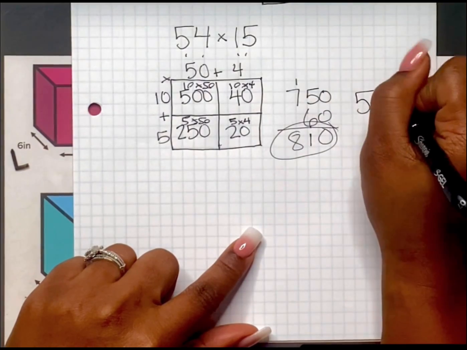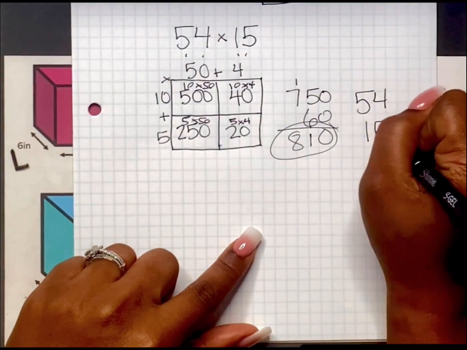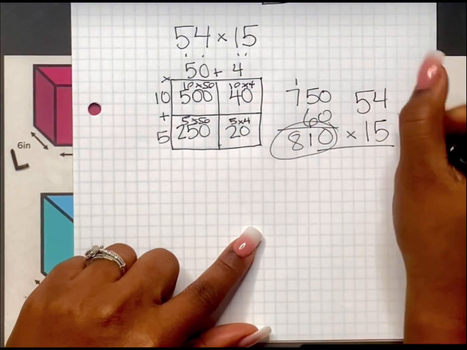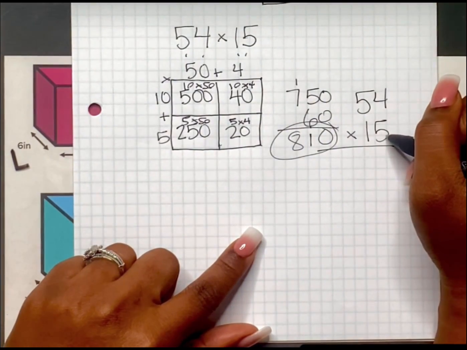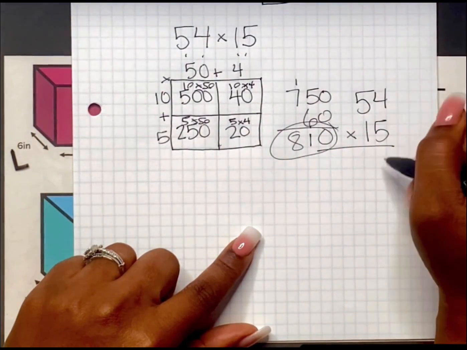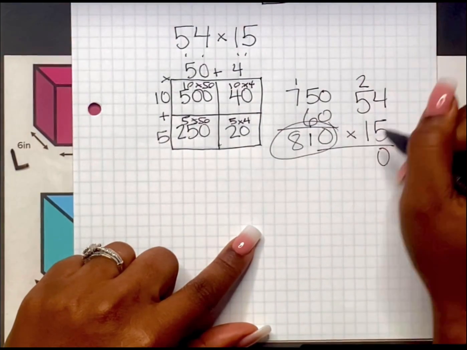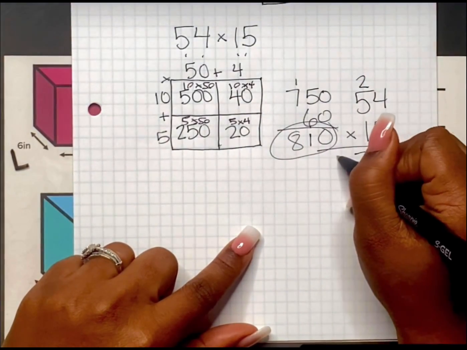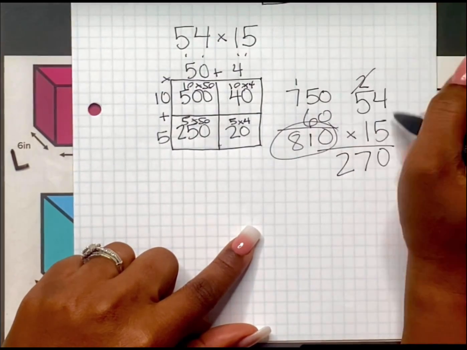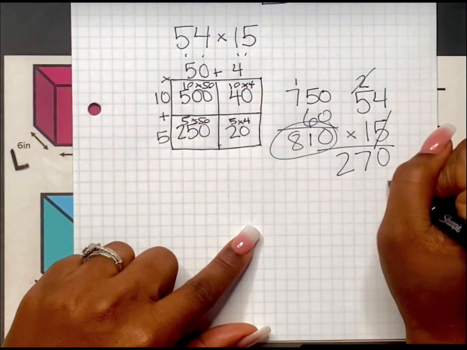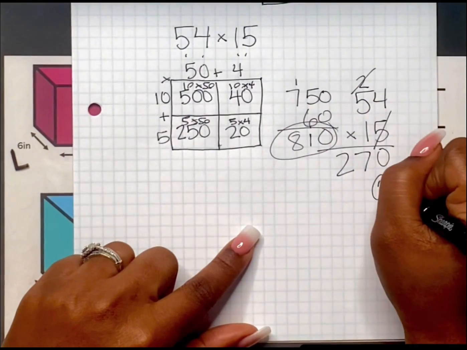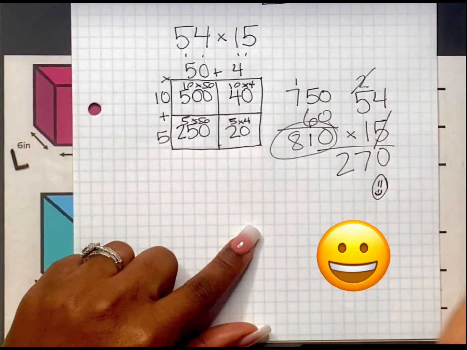I know some of y'all probably did standard. Again, this is called standard algorithm. We start with the 5. 5 times 4 is 20. 0, carry my 2. 5 times 5 is 25, plus the 2 that I carry is 27. Clean up. Clean up means to get rid of what's being used. We're going to always start with our happy placeholder.